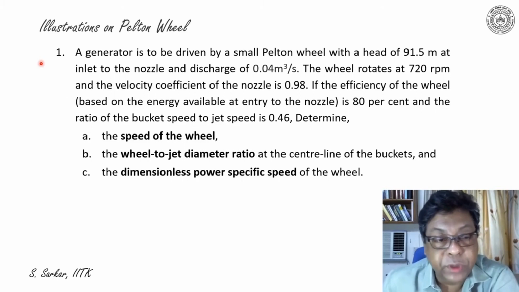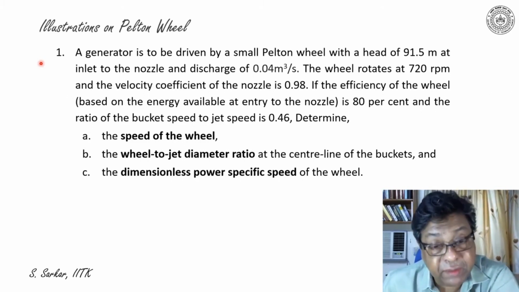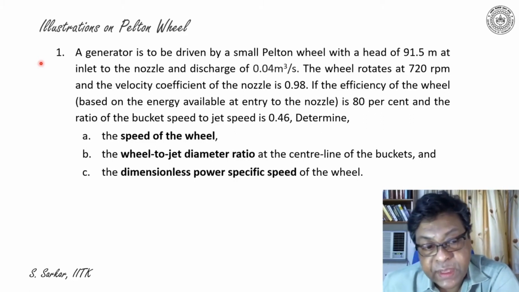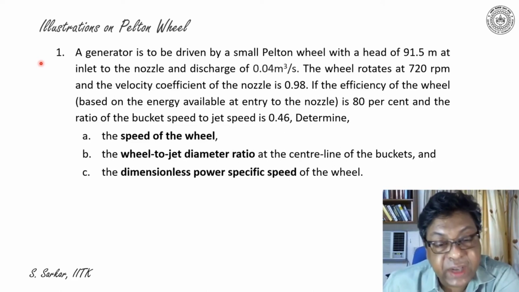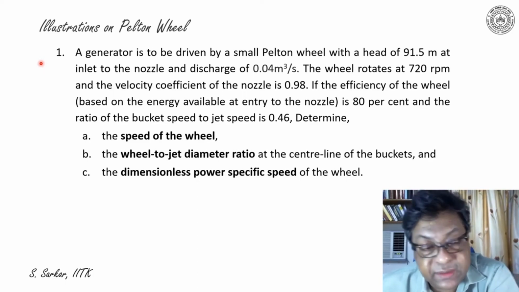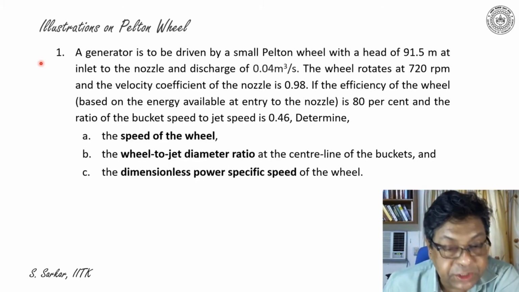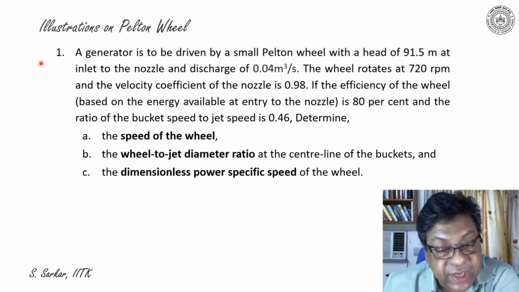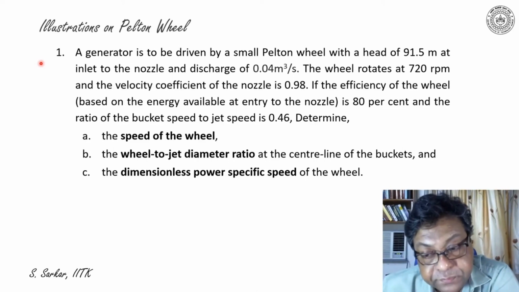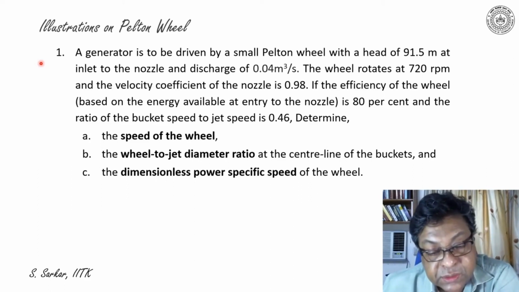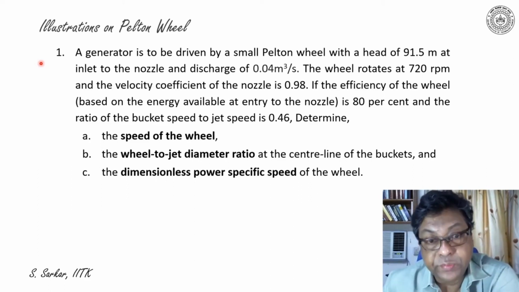If the efficiency of the wheel based on the energy available at the entry to the nozzle is 80% and the ratio of the bucket speed to the jet speed is 0.46, determine the speed of the wheel to jet diameter ratio, and the dimensionless power specific speed of the wheel.